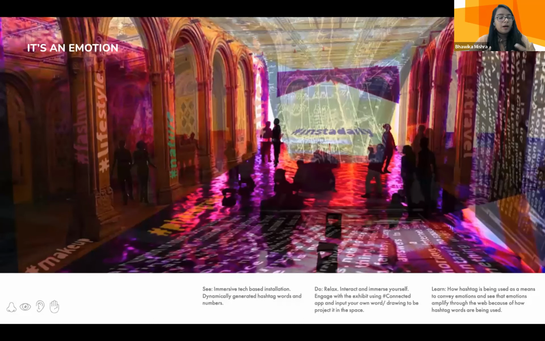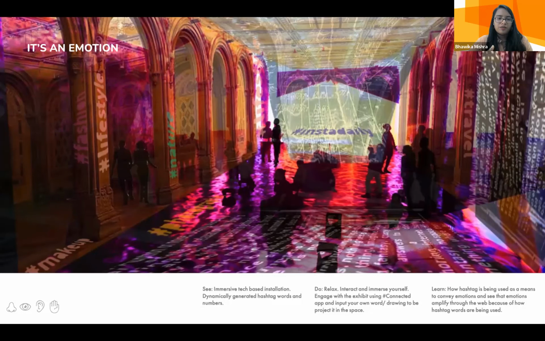Then comes a part called It's an Emotion, which is under the Bethesda Terrace Archway, and it is a whole immersive tech-based installation. And it has dynamically generated hashtag words and numbers, and people are encouraged to relax, interact, and immerse themselves in this exhibit.